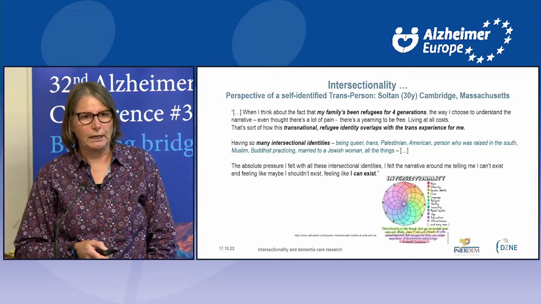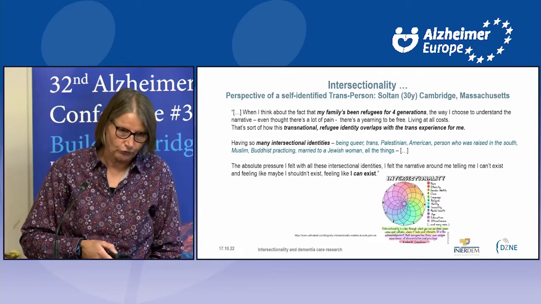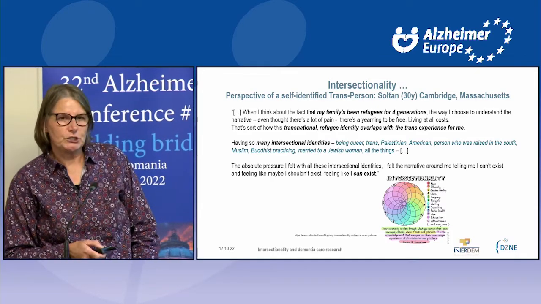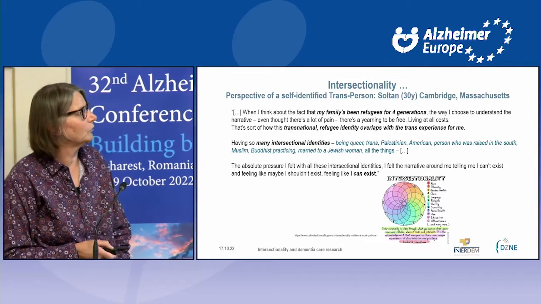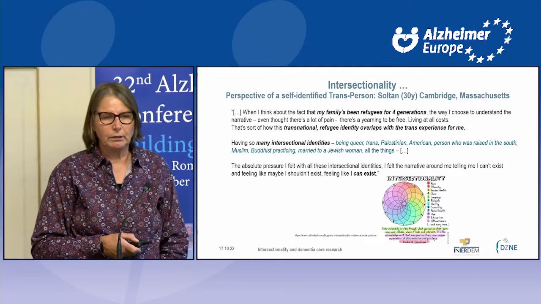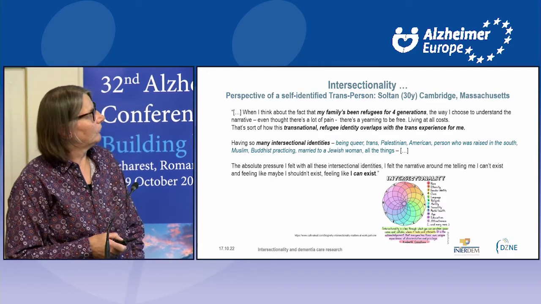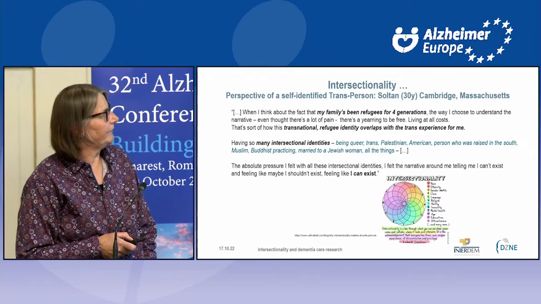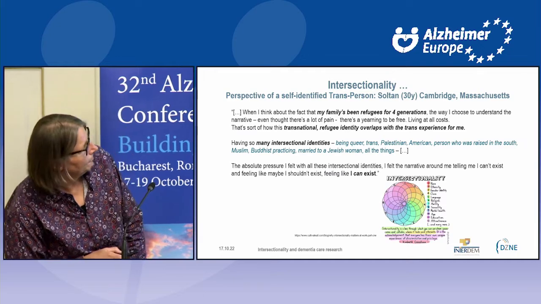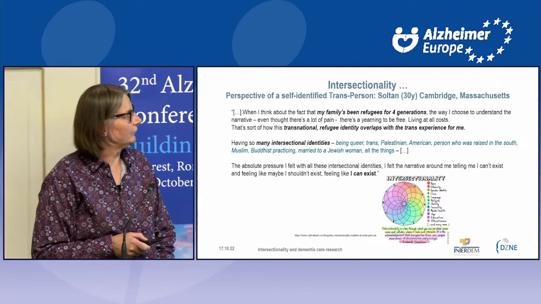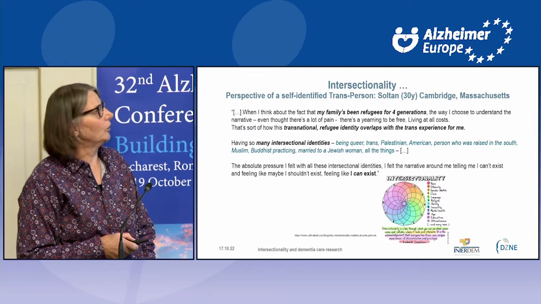And I brought one description of one person who was actually a trans woman to trans men, and he used the term of intersectionality. So I'm just going to point out, and I think this example explains what the difficulty is when we are using the intersectional lens. So this person said, when I think about the fact that my family has been a refugee for 4 generations, the way I choose to understand the narrative, even though there's a lot of pain, there's a yearning to be free, living at all cost.